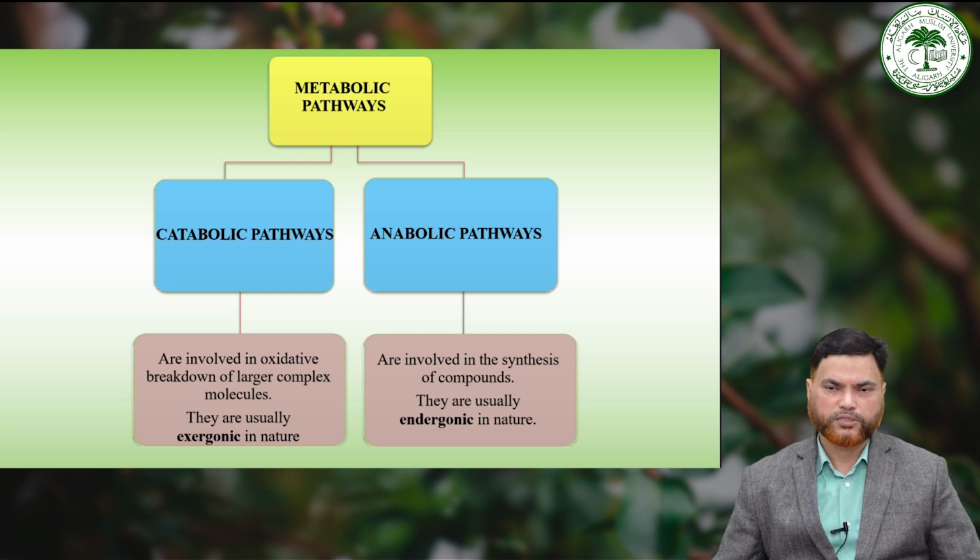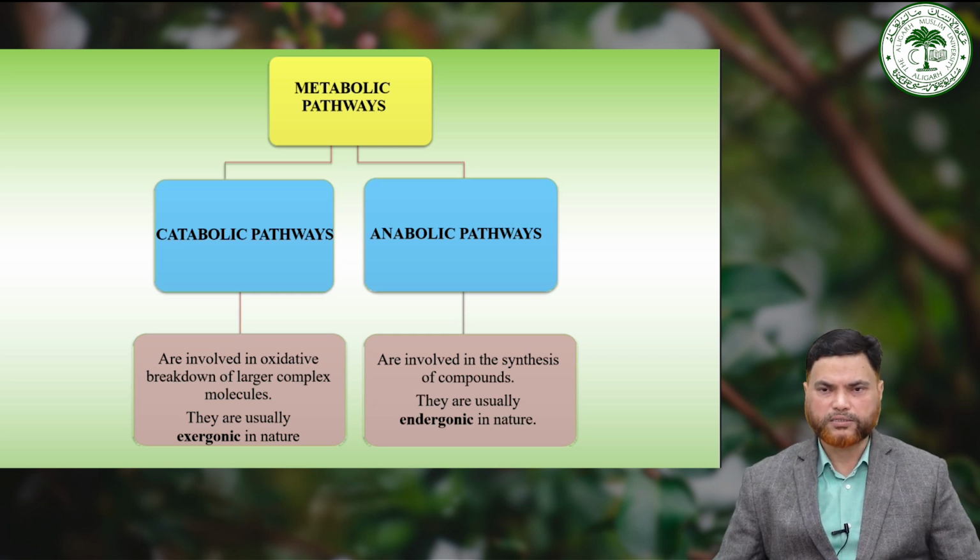Basically, this sort of pathway involves the synthesis of complex molecules from simpler ones, requiring an input of energy, whereas catabolic pathways release energy. So the main function of anabolic pathways is to build and maintain cellular structures and molecules.